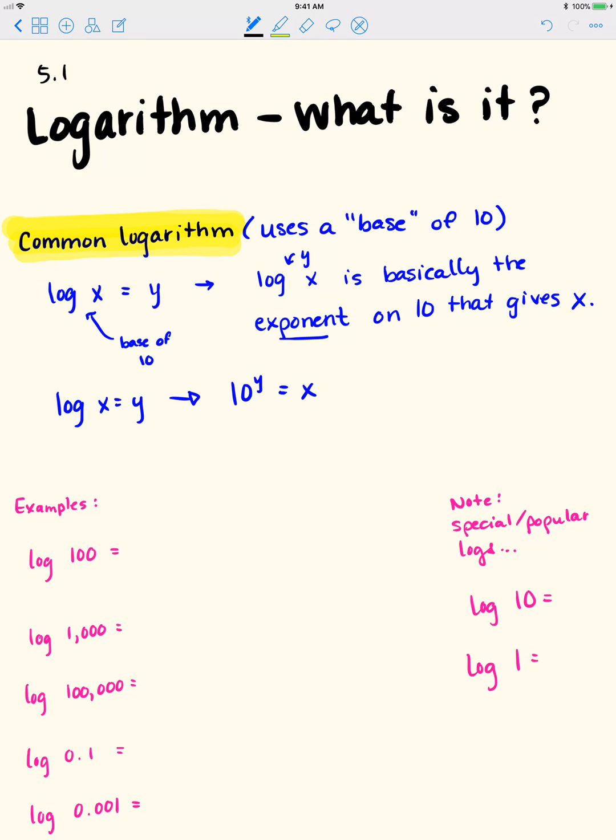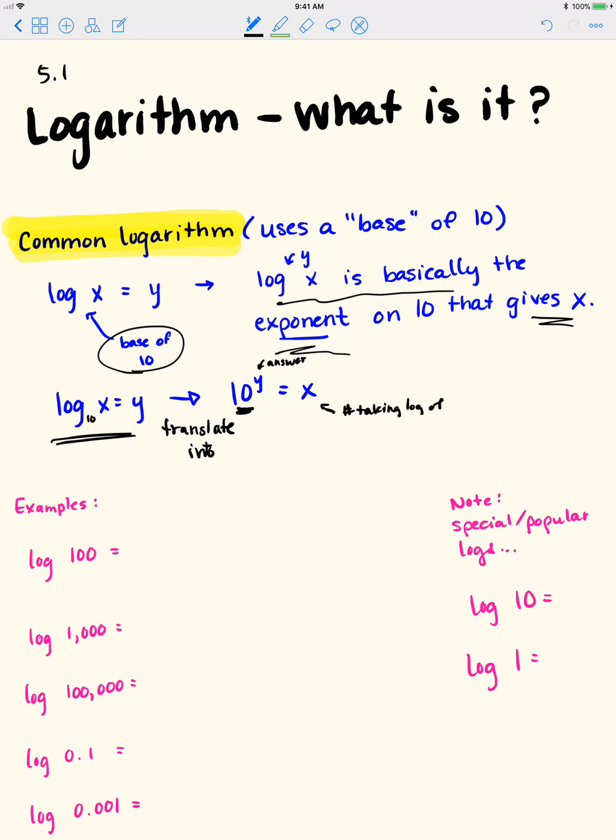And if you look at what a logarithm pretty much is, it's basically this exponent on 10, because it's a log of base 10, that gives you the thing that you're taking the log of. So the log of x equals y could translate into 10, because again it's a base 10, but it's not really written, it's just an understood base of 10. 10 to what power, that's your answer, would give you x, and x is the number that we're taking the log of for this problem.